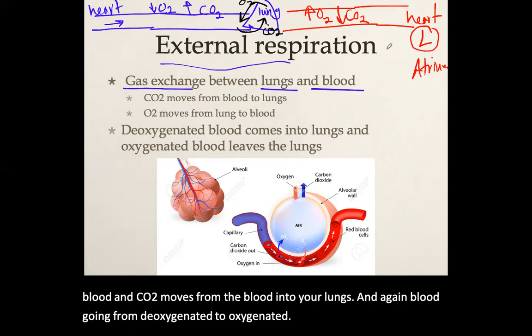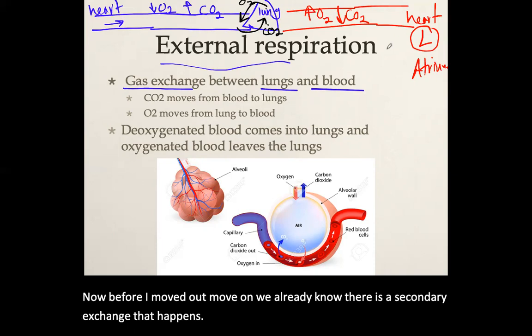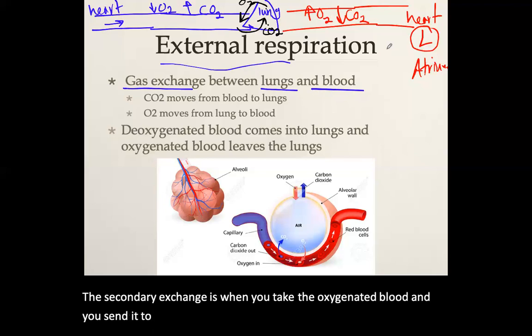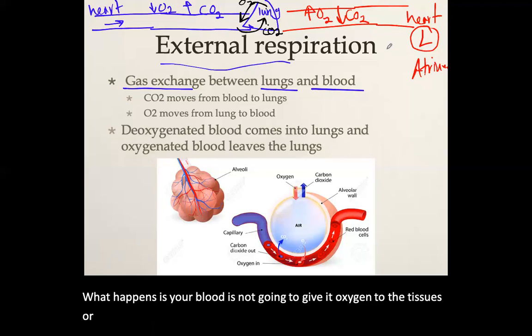Now, before I move on, we already know there is a secondary exchange that happens. The secondary exchange is when you take the oxygenated blood and you send it to your tissue, your organs, or your cells. Now, during that process, your blood is going to give its oxygen to the tissues or cells, and it's going to pick up the CO2 from the cells and tissues.